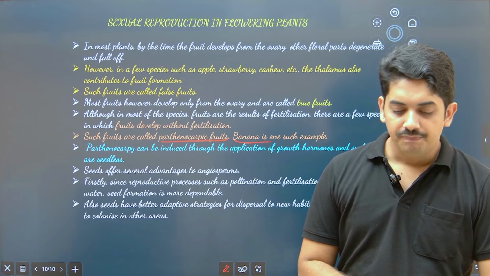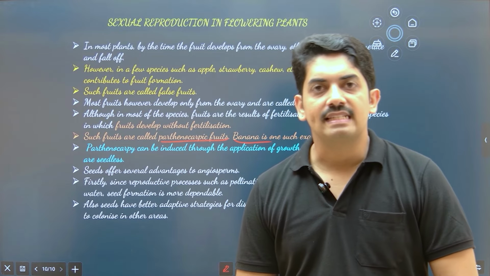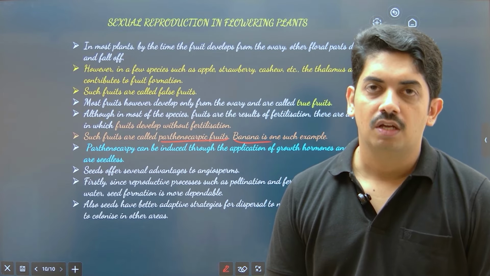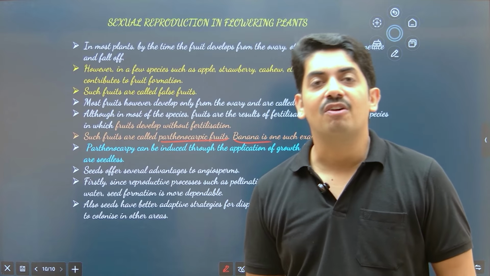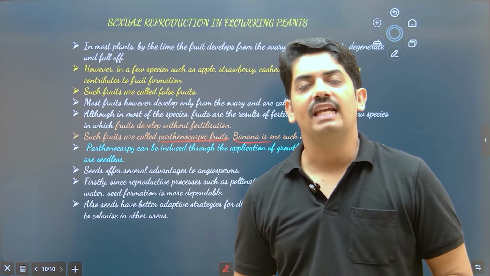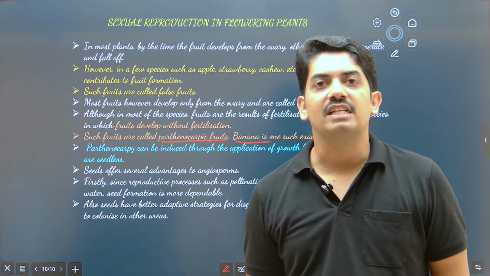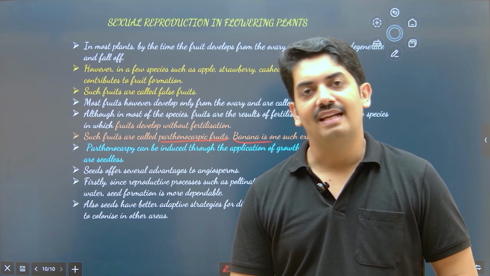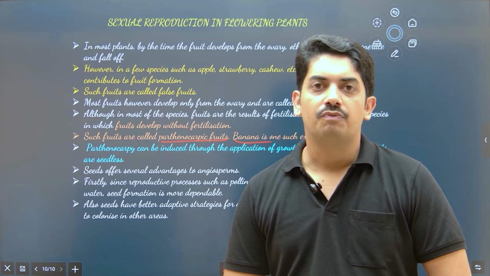Now tell me, if the ovary is directly developing into fruit without fertilization, what is the necessity of producing flowers in the banana plant? Stigma, style, petals, everything is just a waste. It just requires the gynoecium, and that gynoecium develops into fruit.